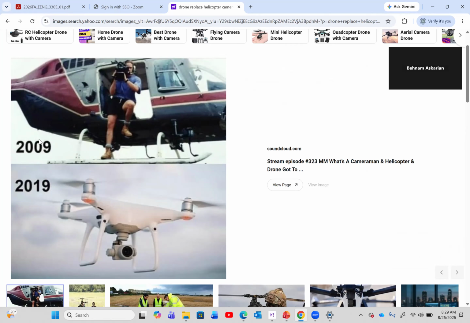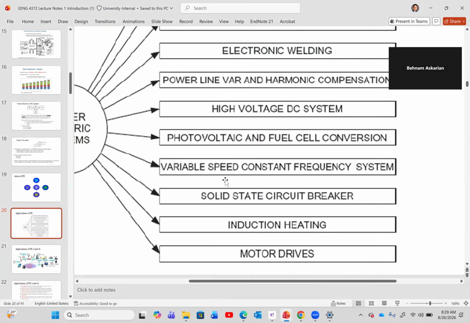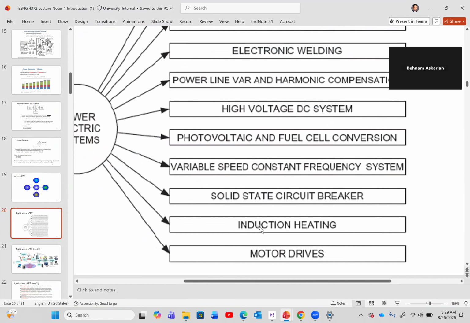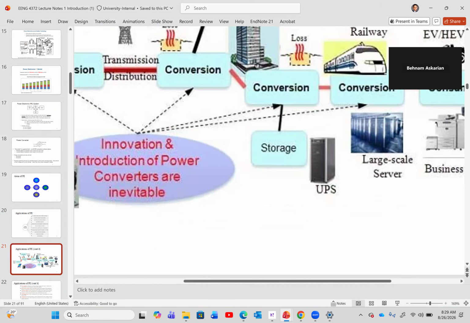But putting all of them together, making a small footprint, and the BLDC motors, power electronics, the electronics behind it was able to transform the technology. Now, another one is induction heating. Again, we can use elements or we can use solid states in power electronics, which I would explain later and I'll show you some examples.